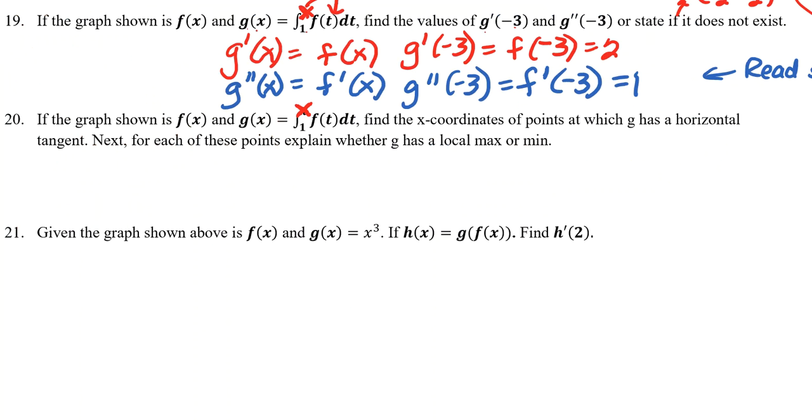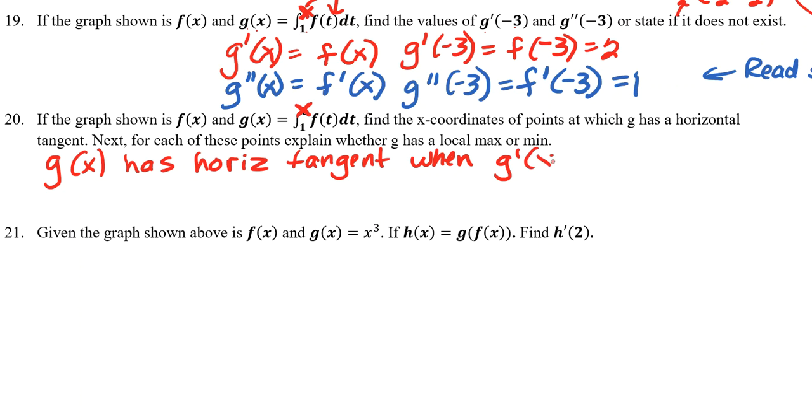And we're getting there. Question 20 says, find the x-coordinates at which g has a horizontal tangent. So we could write, as always, that g of x has a horizontal tangent when g prime of x, which is equal to f of x, is equal to 0.